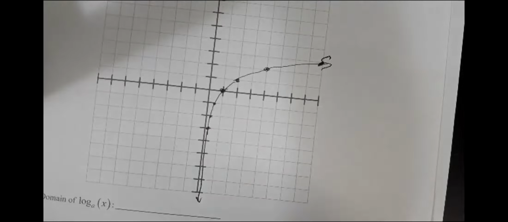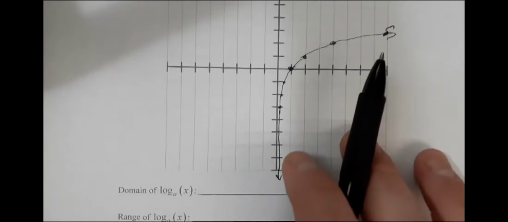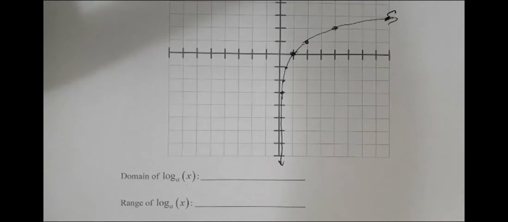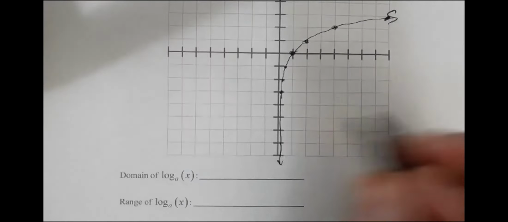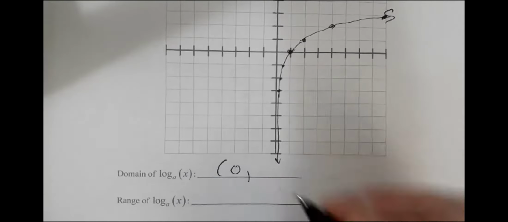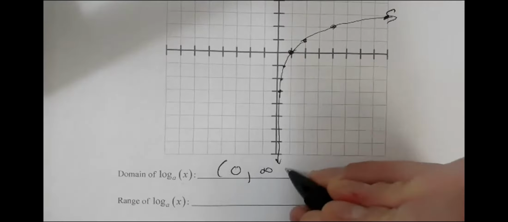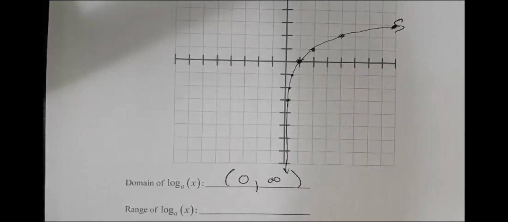So I can plug in fractional numbers. It's going to give me negative numbers when I plug in fractions. My domain, and hopefully we can see it on the graph as well, we're not including 0, but we're doing anything larger than 0. So 0 and on to infinity.